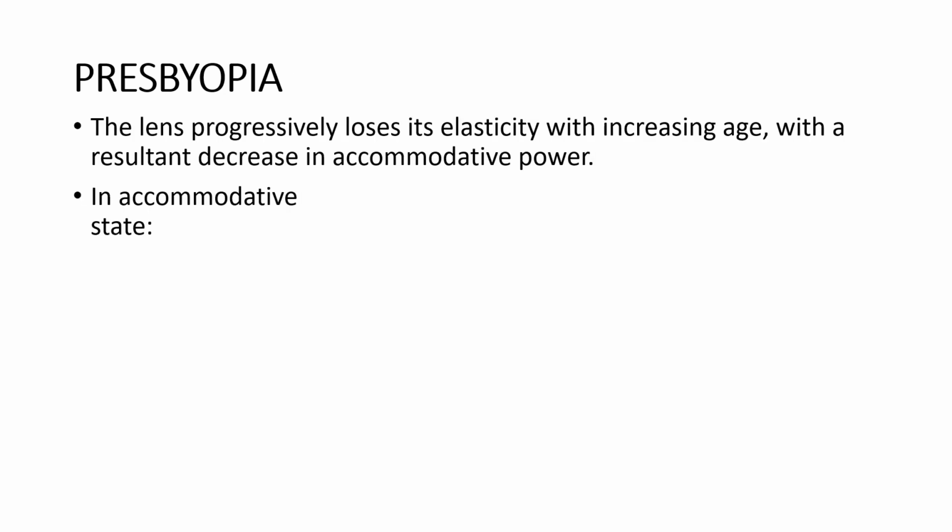Over here, the lens progressively loses its elasticity with increasing age, and as a result there's a decrease in accommodative power. So the lens is always stuck in a more flat kind of shape and doesn't assume its round, more convex shape when the lens zonules relax.